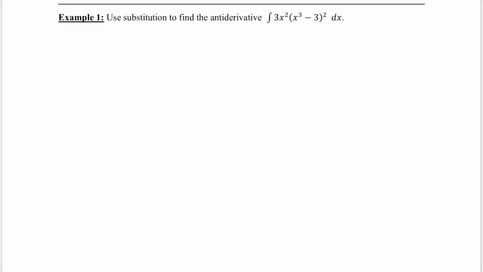So the inside function is x to the third minus 3, and the derivative of x to the third minus 3 is 3x squared. So we let u be x to the third minus 3. So we can replace x to the third minus 3 with u.